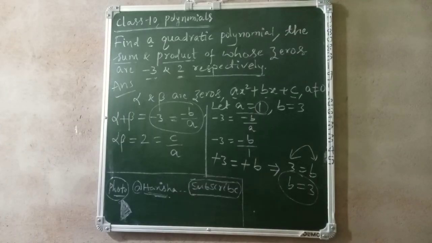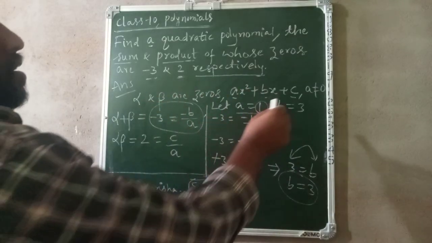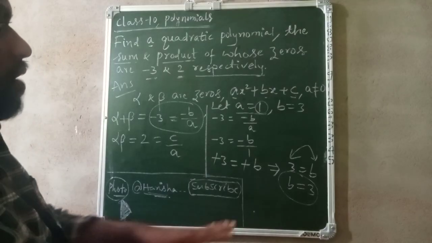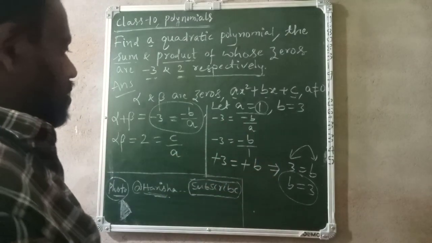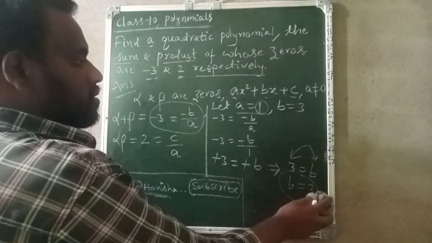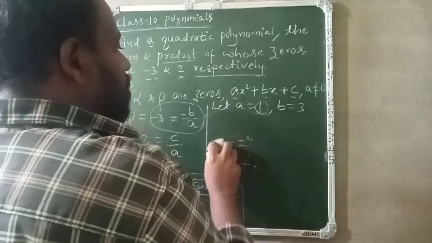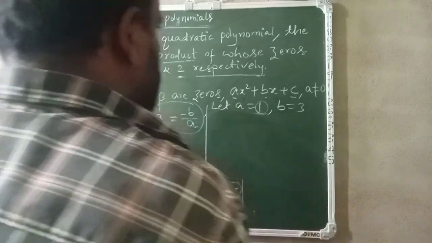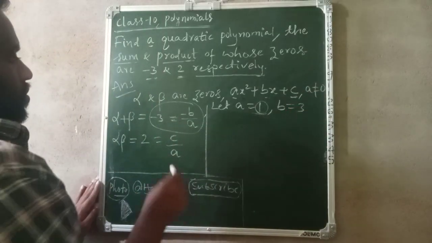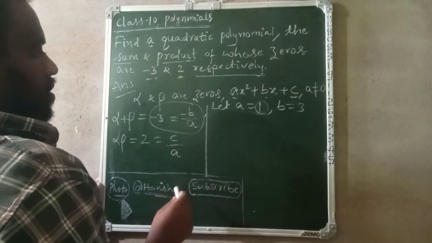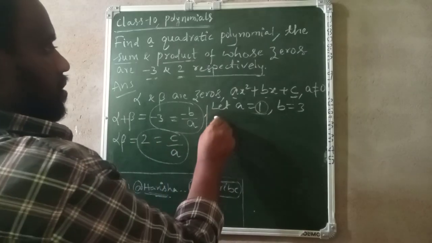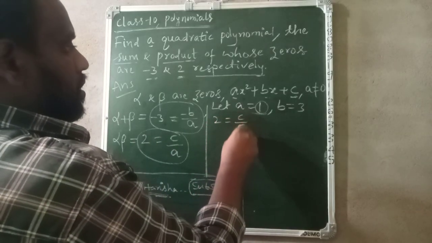Next we have to find the value of c. Any previous content, if you want to see, you can just move the video backward. Now to find c, we have c in this formula. So first we will take this part: 2 is equal to c by a.